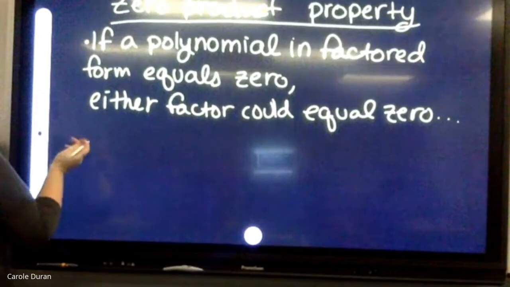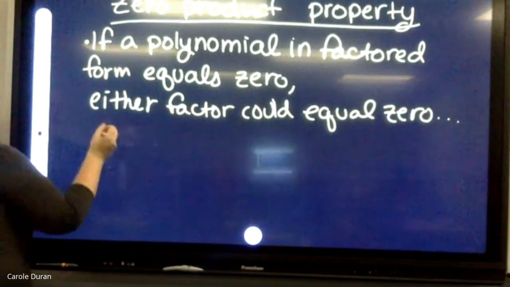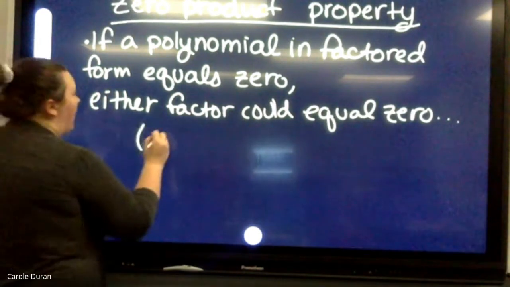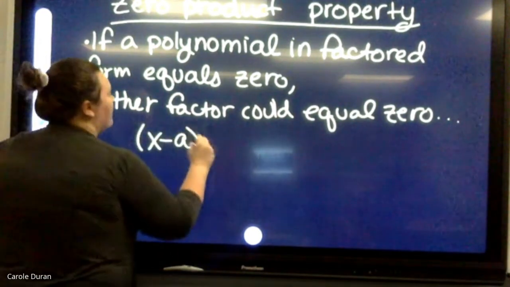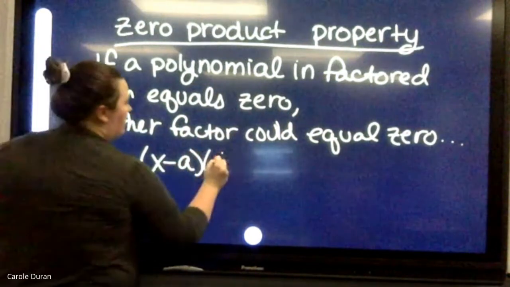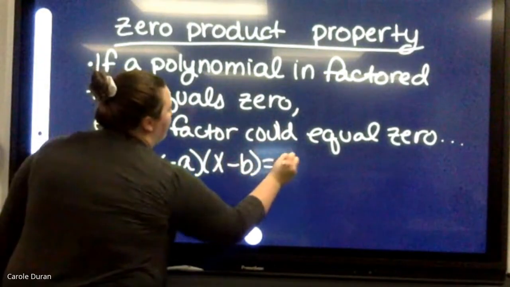So this is actually something that we already practice. So for example, if I had a polynomial that was x minus a, oh boy, times x minus b, and that was set equal to 0.